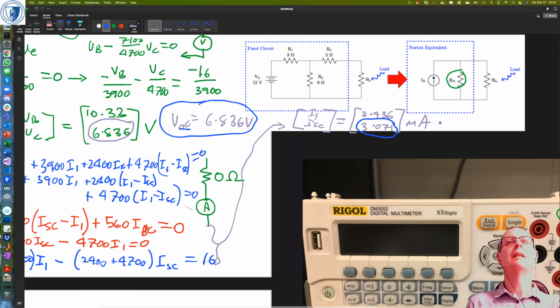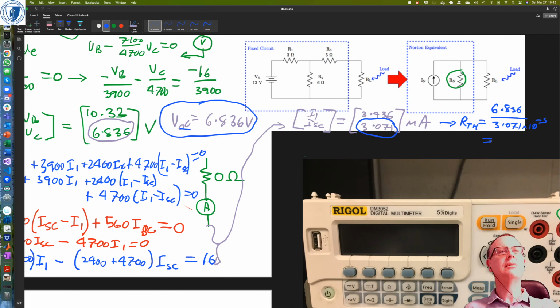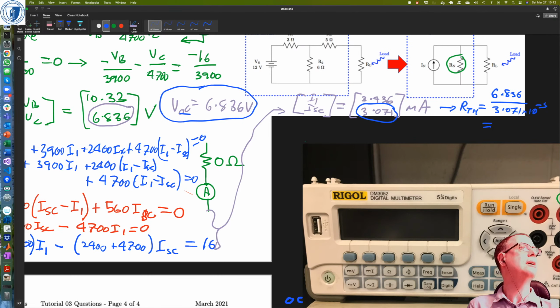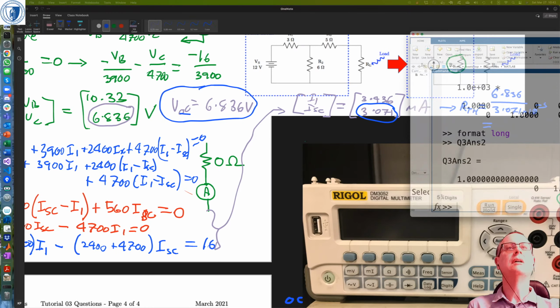So that means that my RTH is equal to 6.836 divided by 3.071 by 10 to the minus 3. And that equals, I have no idea. Let's figure out what it equals.